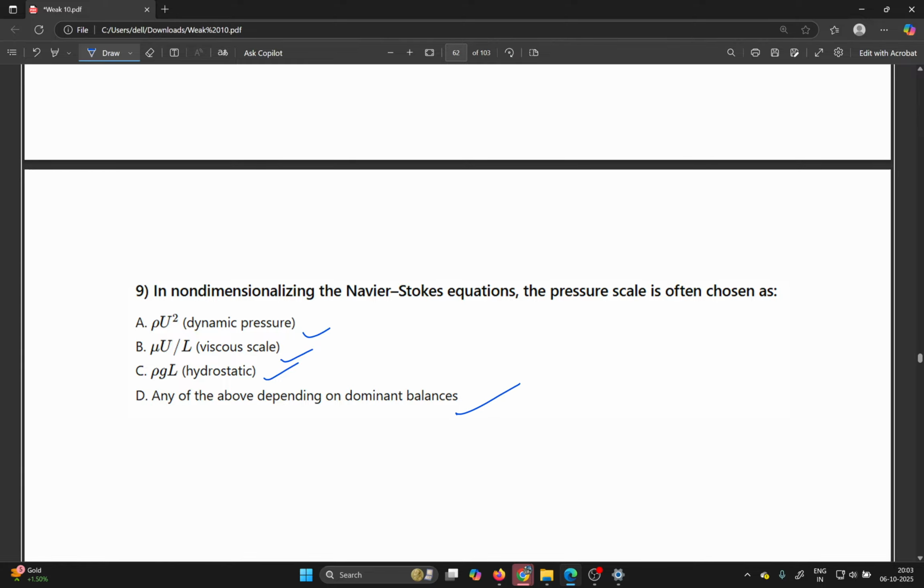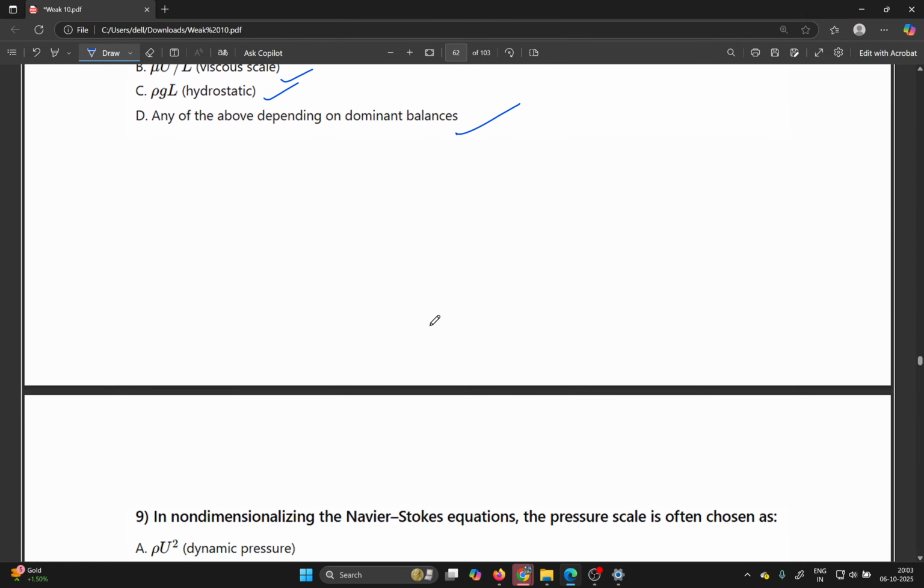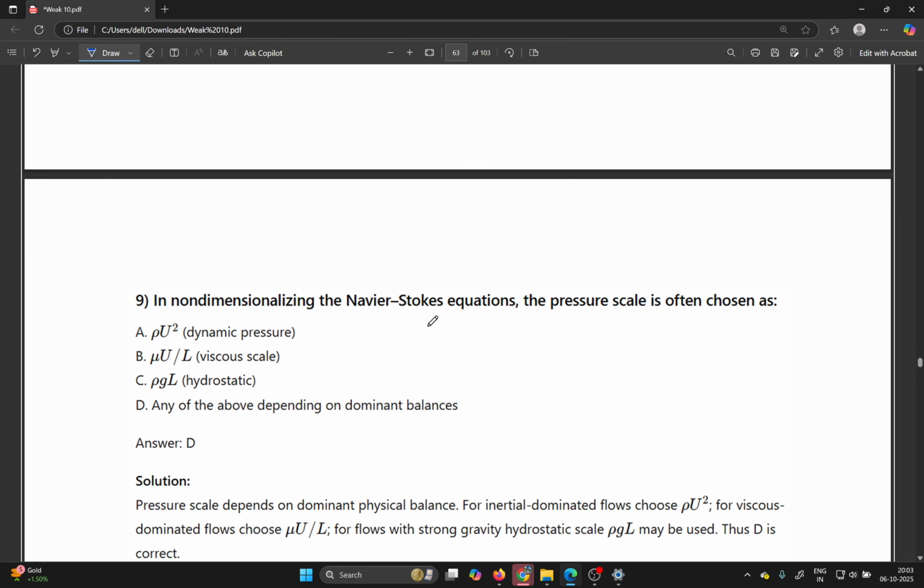So here, in non-dimensionalizing the Navier-Stokes equation, the pressure scale is often chosen. I want to give you option D: maybe any of the above, depending on the dominant balance.